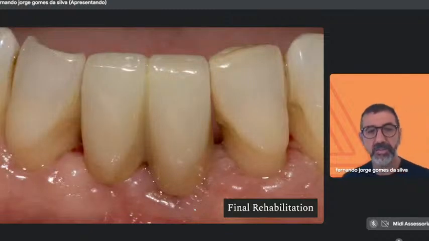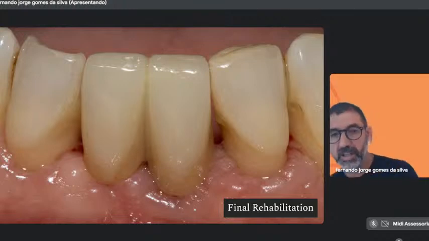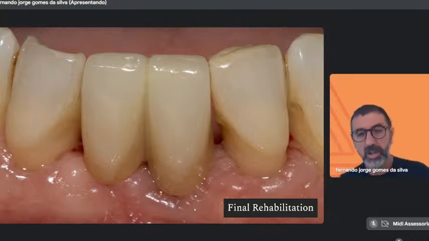And this is the final rehabilitation in the mouth. I suppose it is very, very nice, with a very good contour, natural and healthy contour.